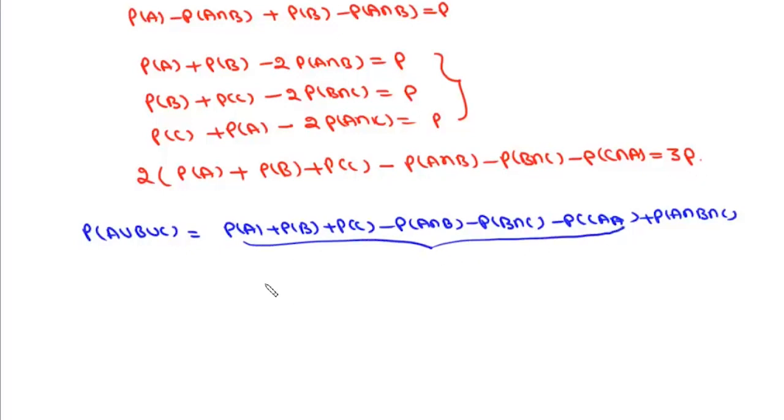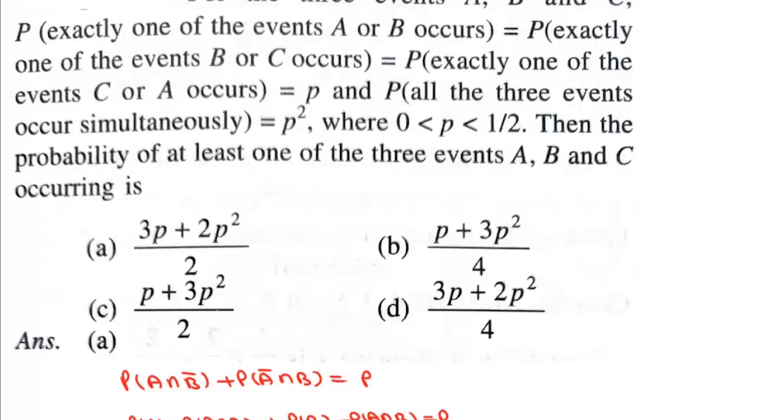This is 3P by 2. So we can write this as 3P by 2, and the intersection, all these 3 occur simultaneously, is given in the question as P square. So this probability will be P square plus 3P by 2, which is your option A.